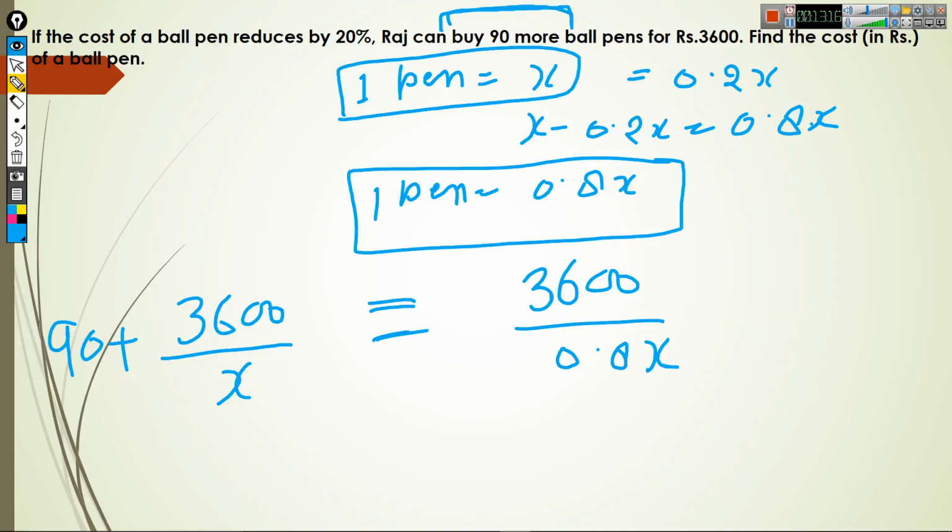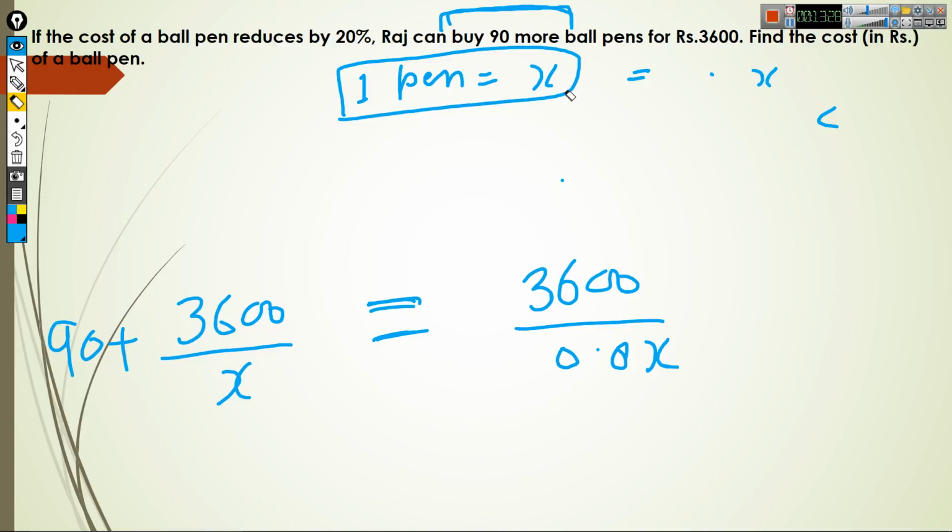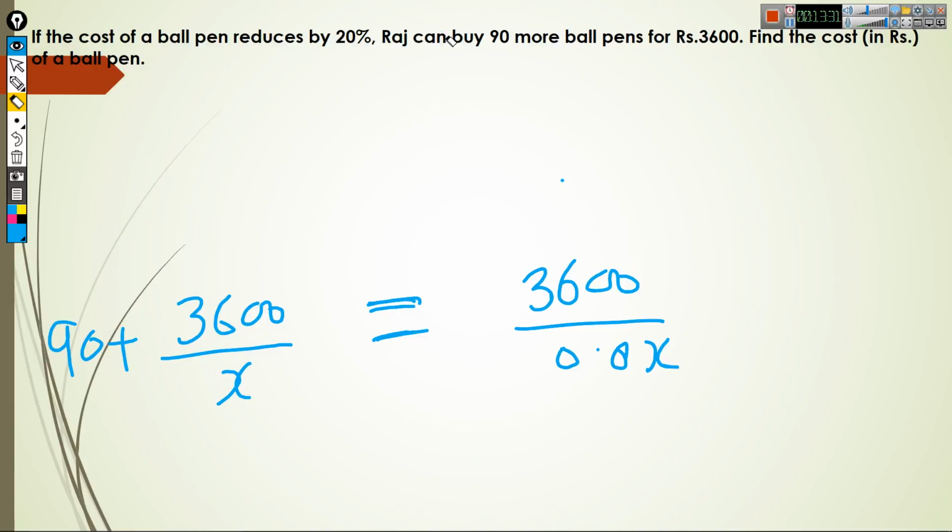Why do I have a 90 here? Because it is clearly mentioned that Raj can buy 90 more ball pens for rupees 3600.